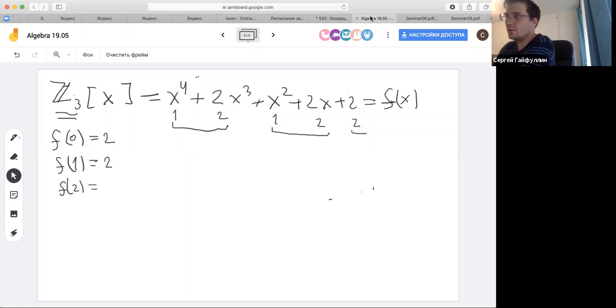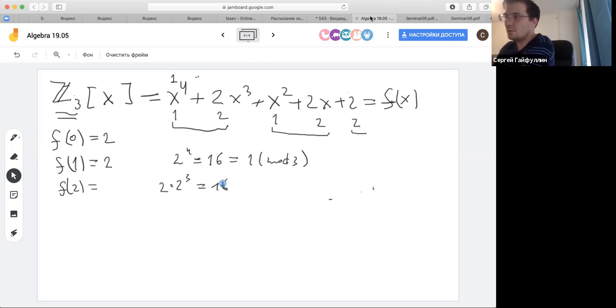For example, 2 in the fourth in real numbers is 16. And 16 equals 1 modulo 3. So this is 1. 2 in the third multiplied by 2 is also 16.